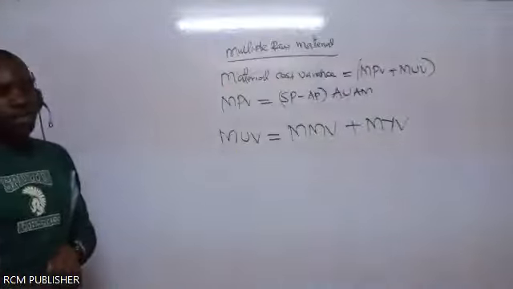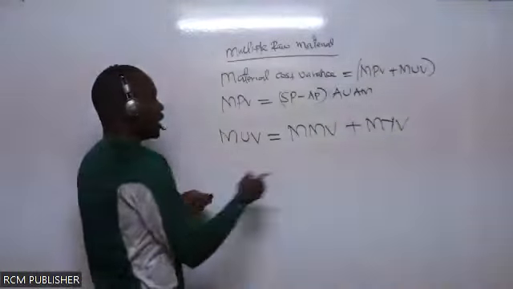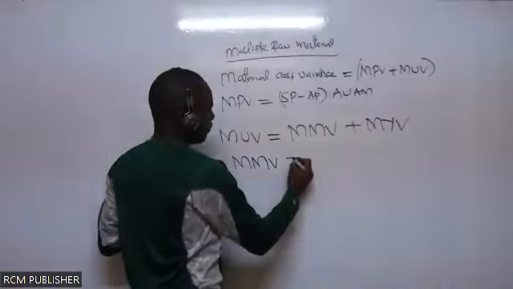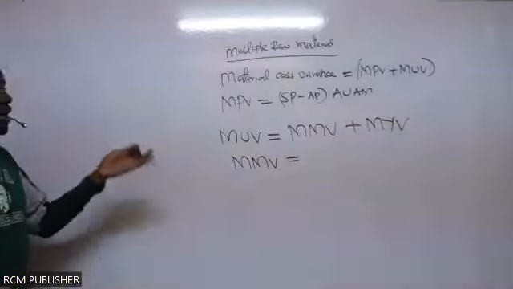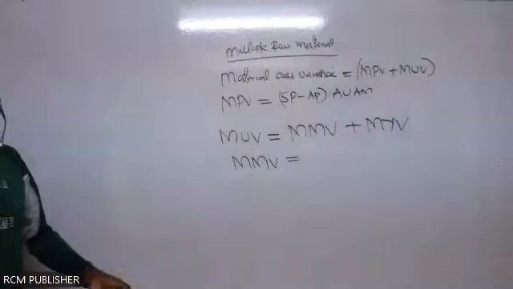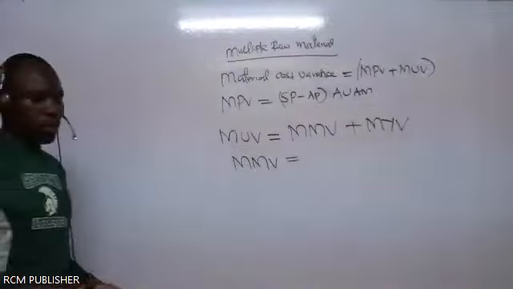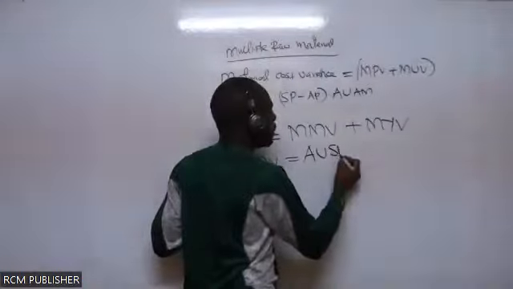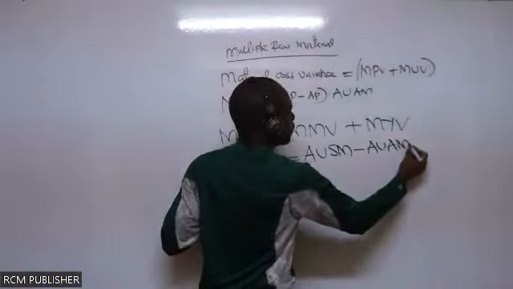So after dividing it into two, we now need to get each. Material mix variance: we are mixing them in what proportion? In what proportion are we now mixing our material? So the material mix variance will be actual usage in standard mix minus actual usage in actual mix.